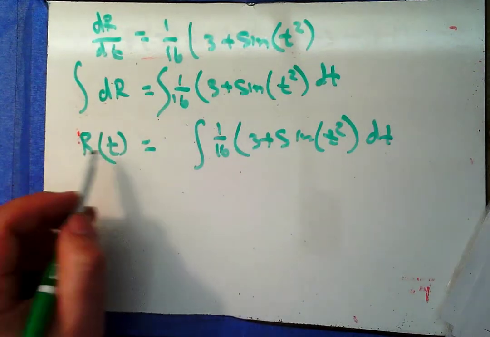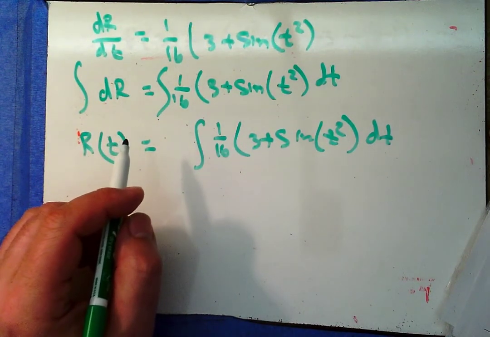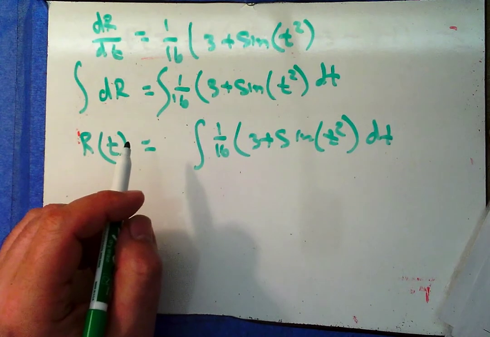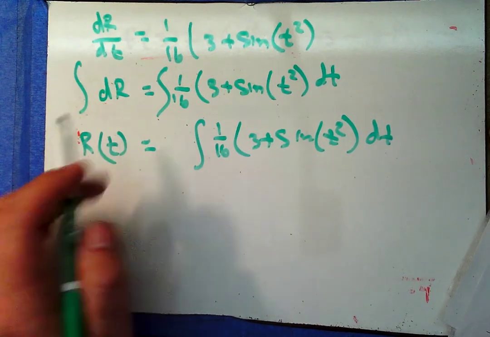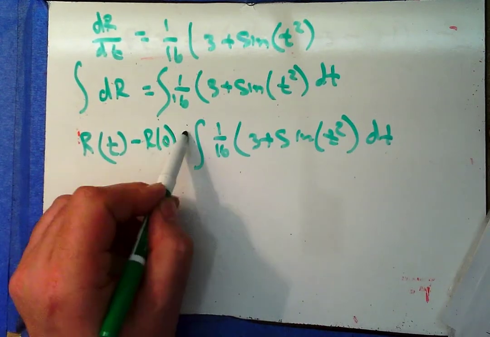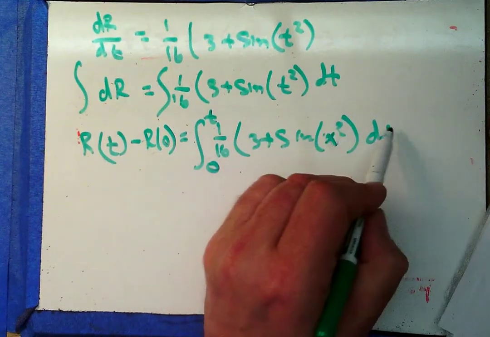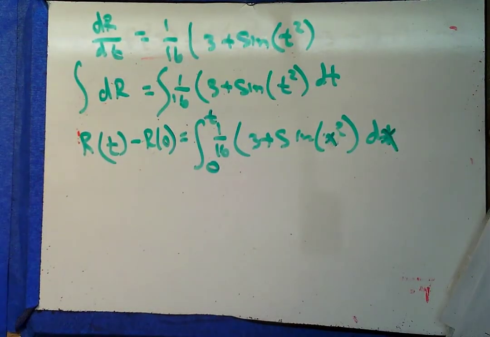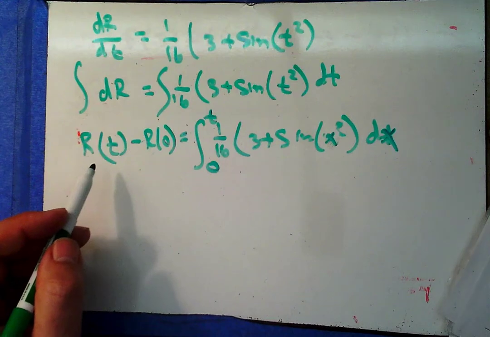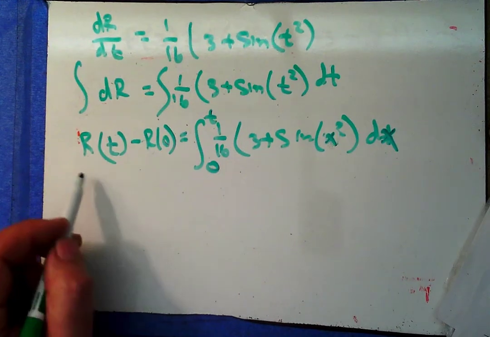And they want that on 0 to 3. I guess the radius would be at time equal to 0. The radius is, so minus r of 0 equals 0 to t, and these need to be x's now. So integral expression 0 to 3, use your expression to find r of 3.